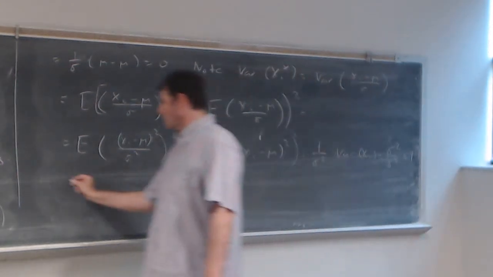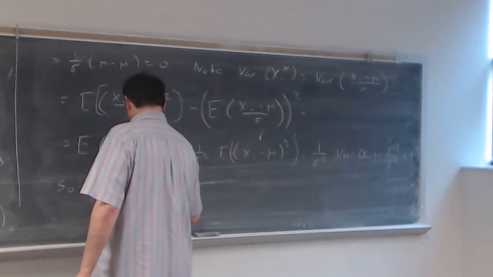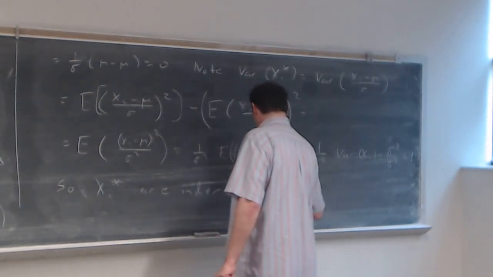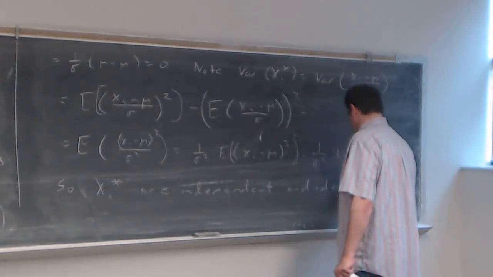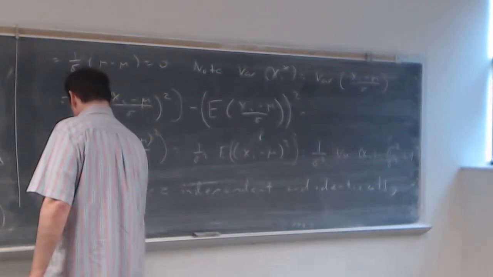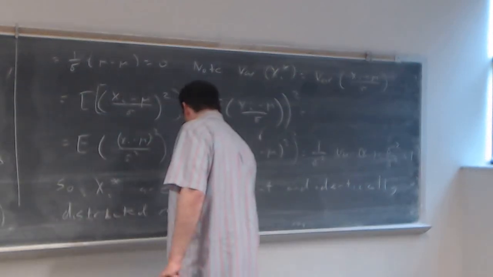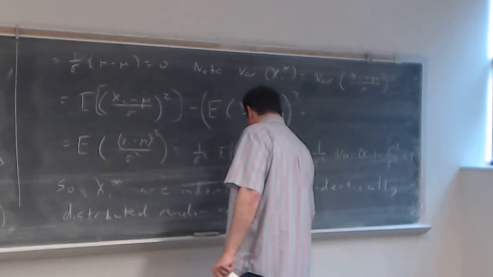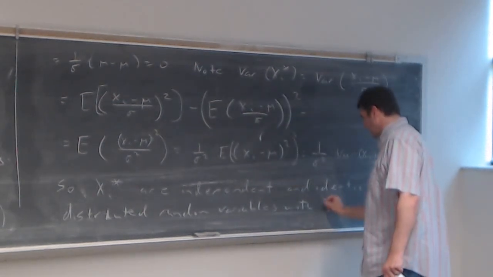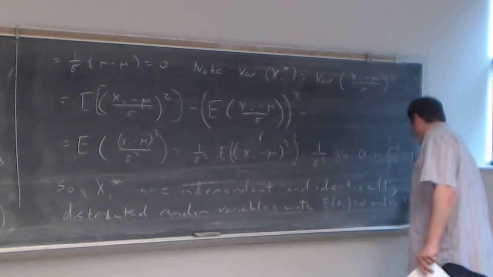So what I want to tell you is that the x sub i stars turn out to be independent and identically distributed random variables with expected value 0 and variance 1.